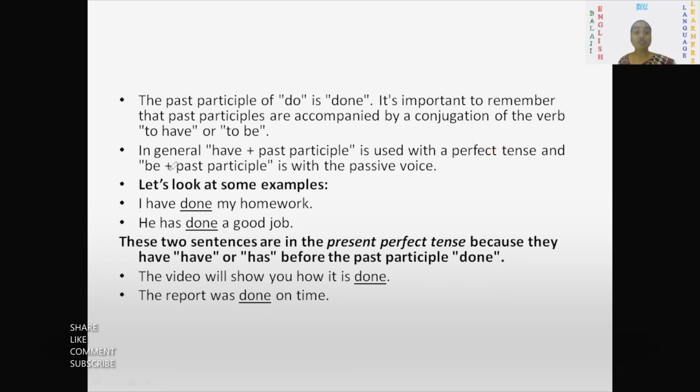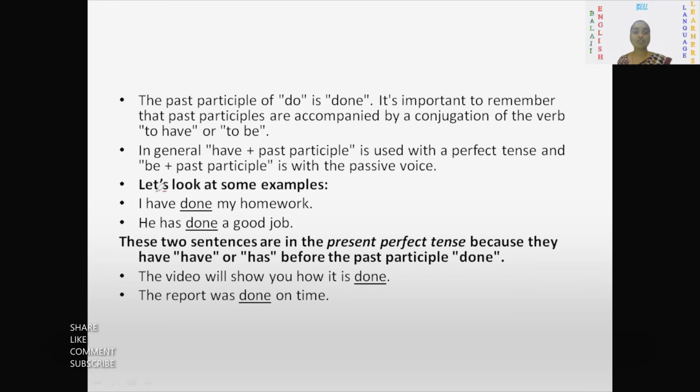So we have to use be form plus past participle, V3. Okay, V3 is compulsory. For example, you can see here, I have done my homework. Have done, perfect tense. For every perfect tense, we have to use have, right? Be form plus past participle. Remember? Right. She has done a good job, or he has done a good job.